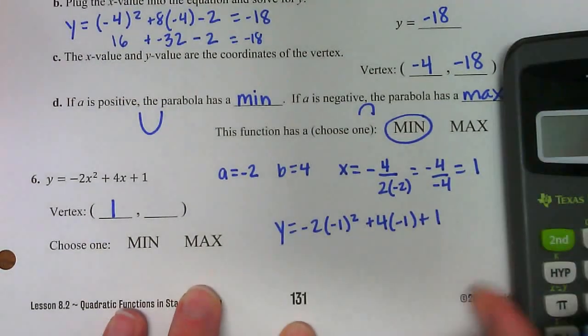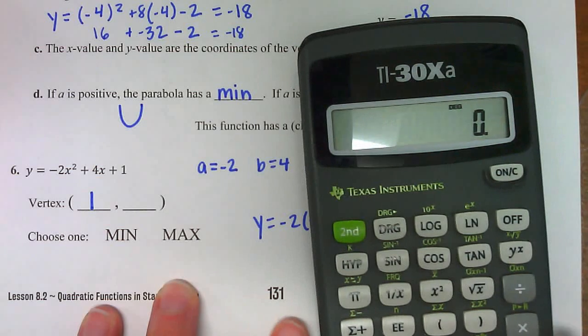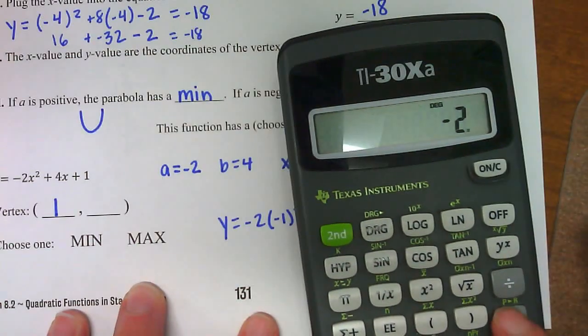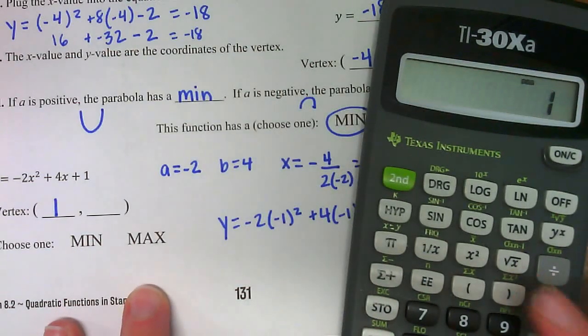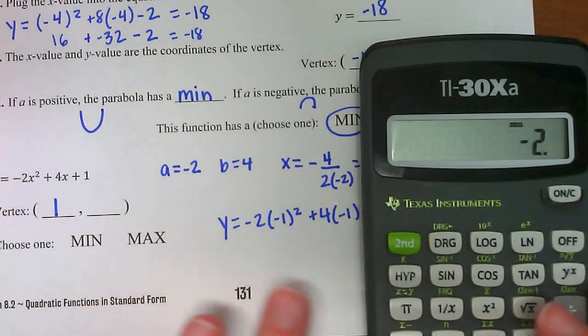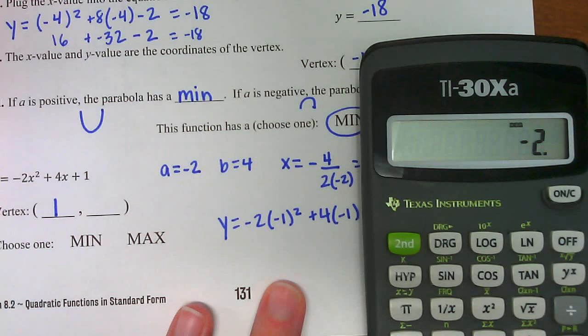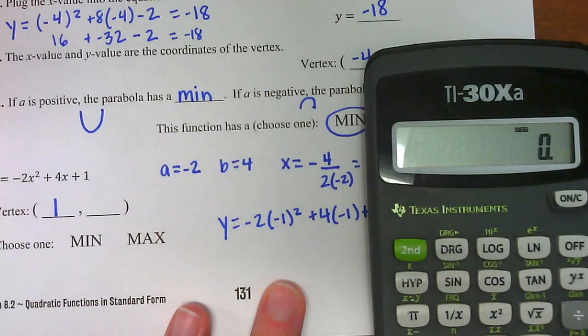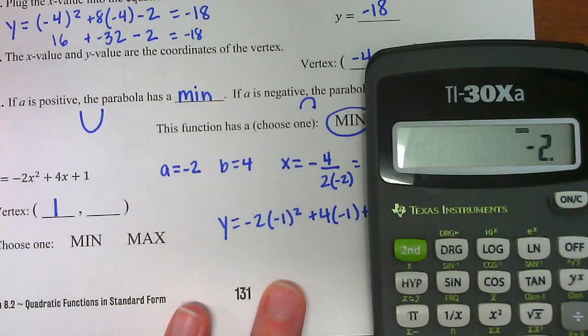All right, and I think this is going to work in the calculator. Negative 2 times negative 1 squared equals, do I have to hit equals? Let's try it without hitting equals and see if it works.